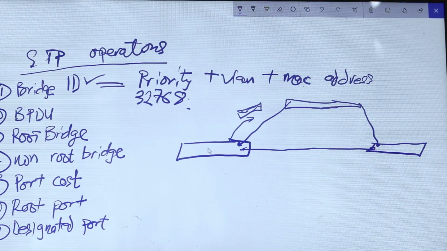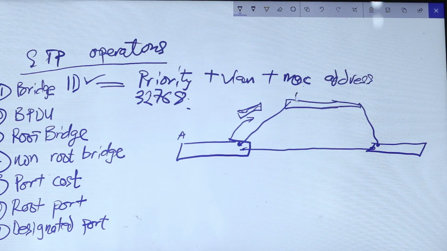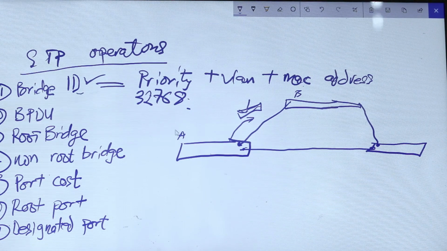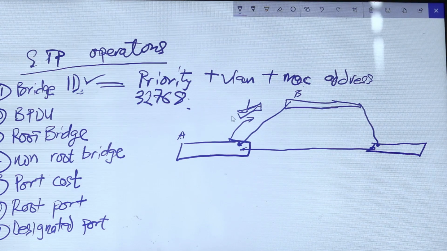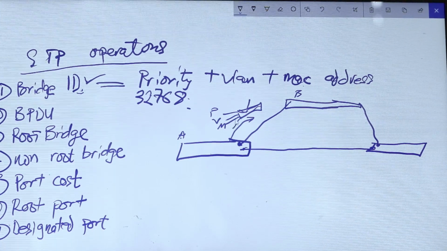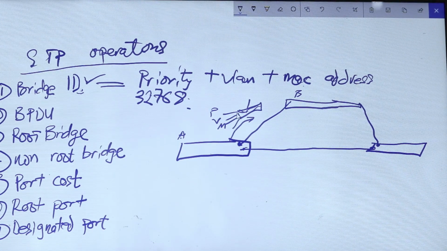So this switch here, switch A, will send out its BPDU to switch B, and the information in the BPDU is the bridge ID of switch A. So this BPDU has the priority of switch A, the VLAN of switch A, the MAC address of switch A, amongst other information. We'll get to know about that information later.